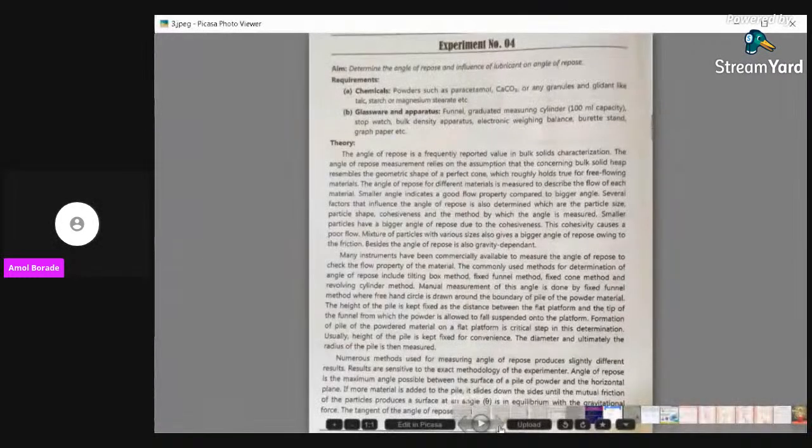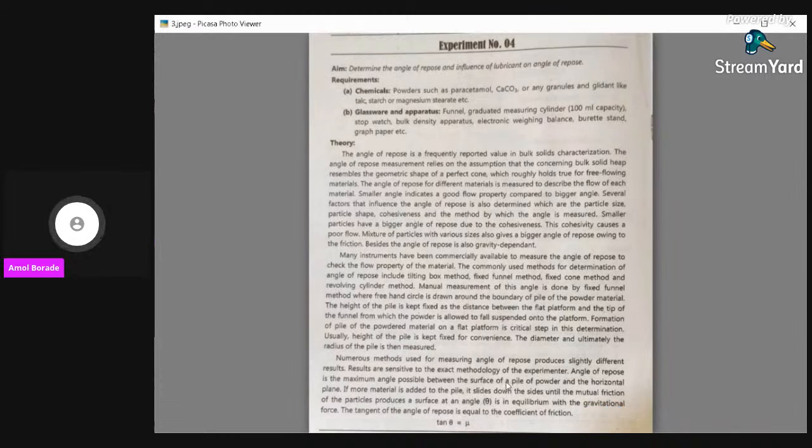Additionally, it has been told that you have to take a glidant or lubricant for this practical purpose.